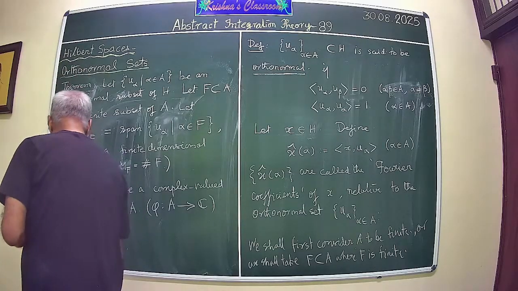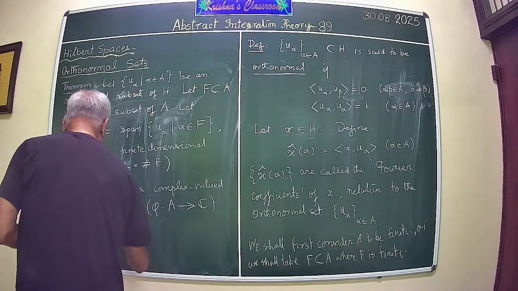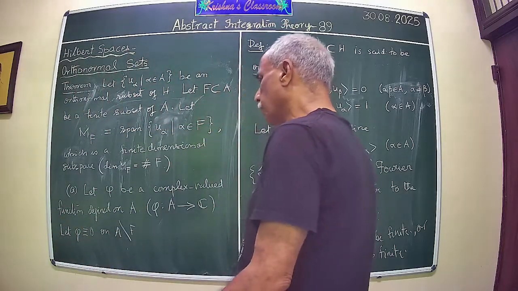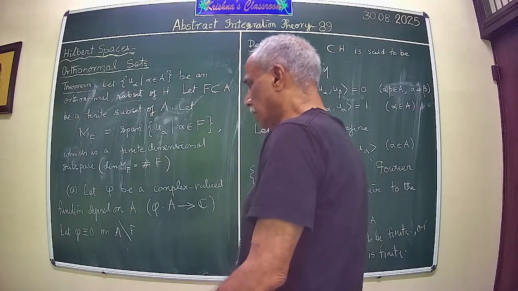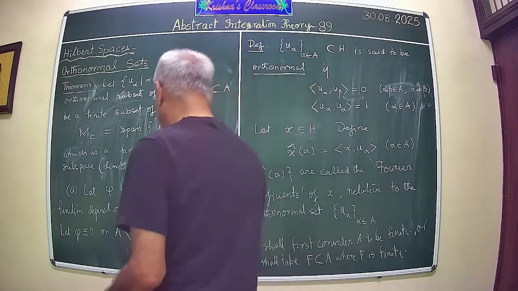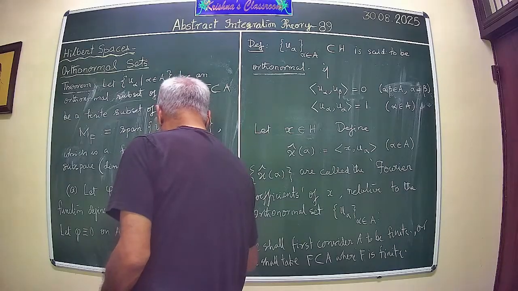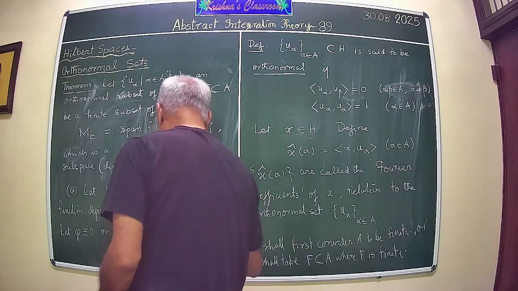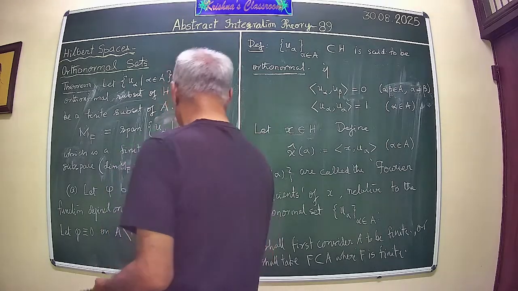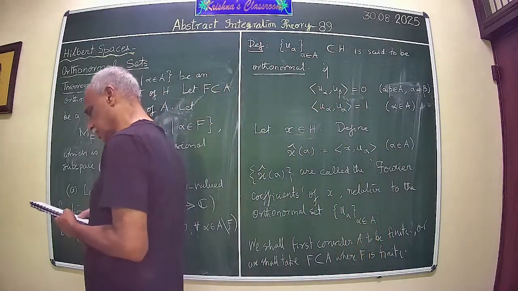Take phi identically equal to 0 on A minus F, the complement of F in A, by which you mean that phi alpha equal to 0 for every alpha not in F, that is, when it is not in F, we will have it necessarily equal to 0.